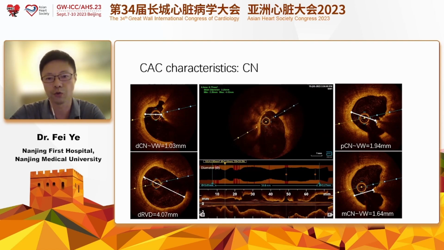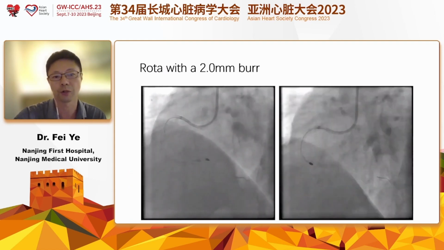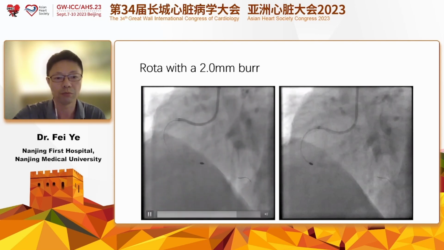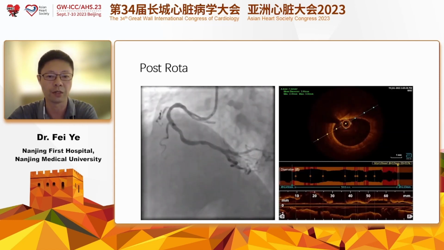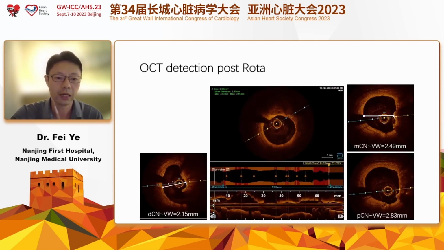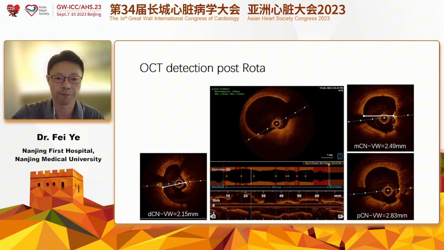So how to treat this calcification? From the angiogram we cannot see the severe calcification, but from OCT we find the calcification here. So we wanted to use Rota with a 20 balloon, which is the largest balloon in China. After Rota and the 20 balloon, we checked the OCT again. We found that with the debulking here, the distance from the tip of the calcification to the opposite media was larger compared with the pre-PCI procedure.